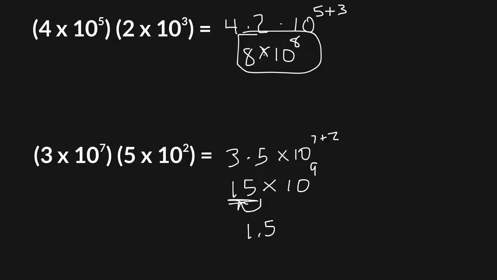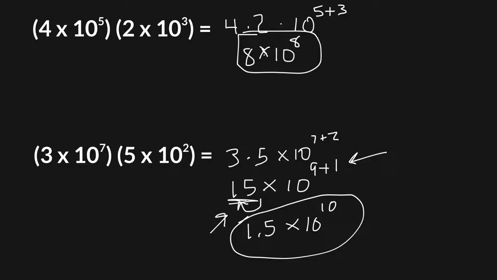That makes this one place value less, which means I have to make the exponent one place value more. Otherwise, my value would not be the same. So if I make the first factor one place value less, I have to make the exponent one place value more to give me my final answer of 1.5 times 10 to the 10.